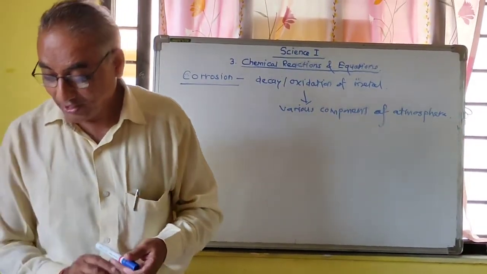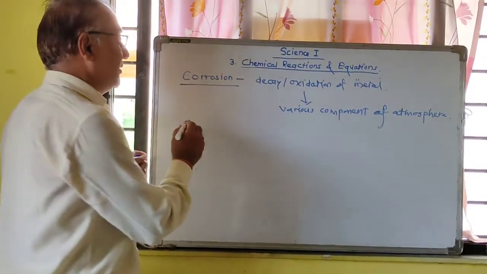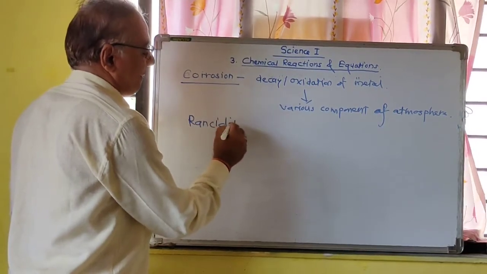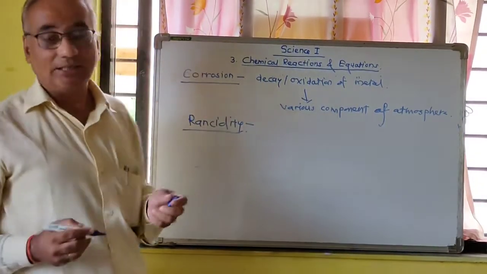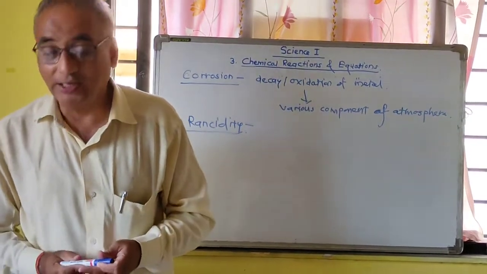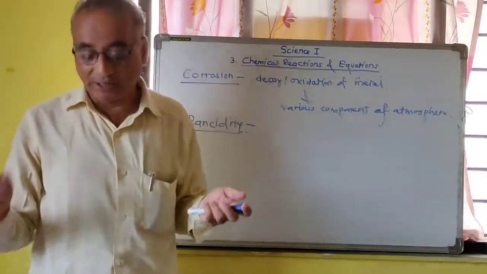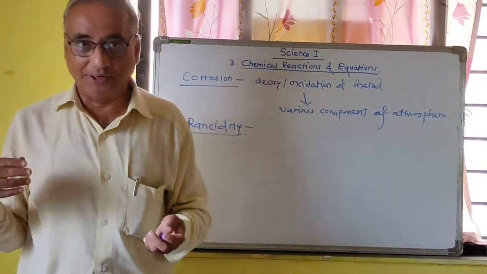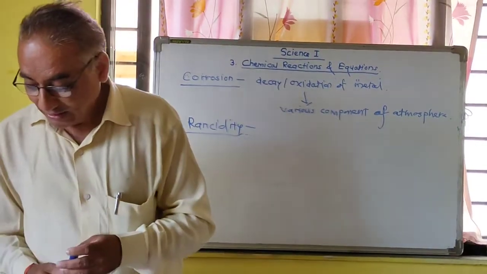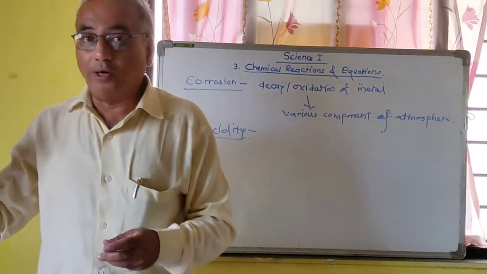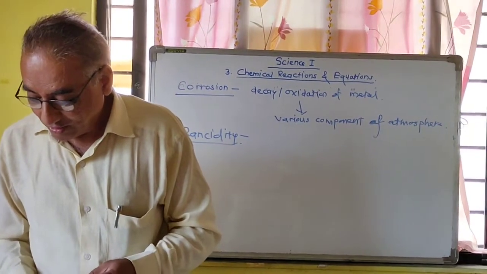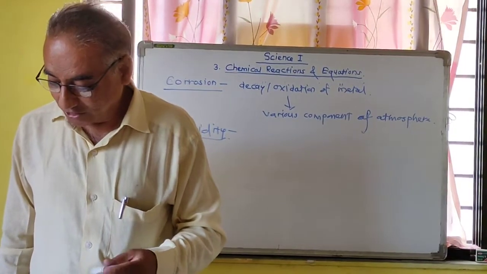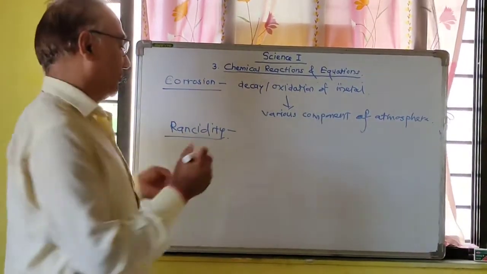Right? Now let us turn towards the last topic, that is rancidity. The definition of rancidity: this concept is actually related to the oil or fat present in food material. When oil or fat or leftover cooking oil used for making foodstuff is stored for a long time, it is found that it has a foul odor.